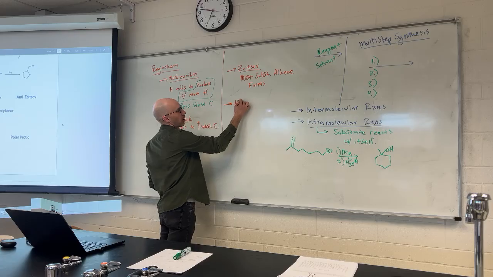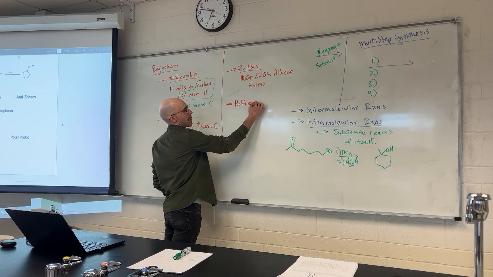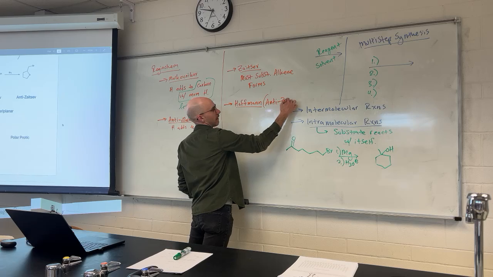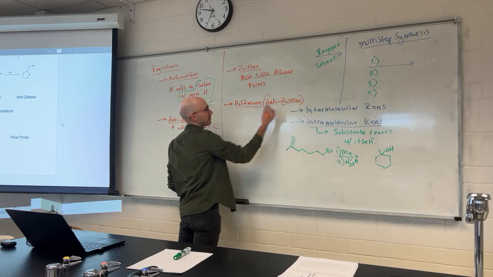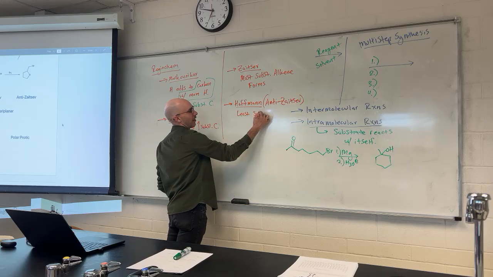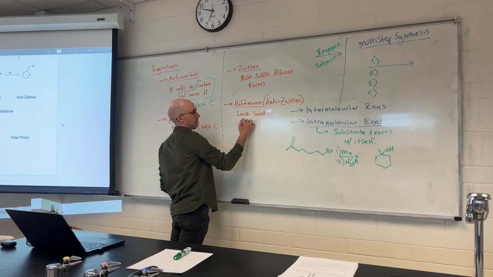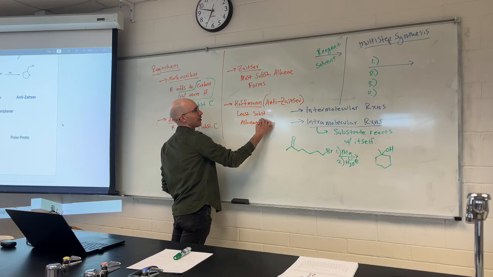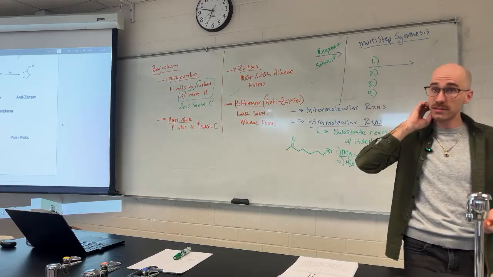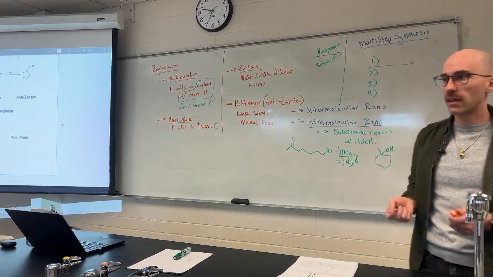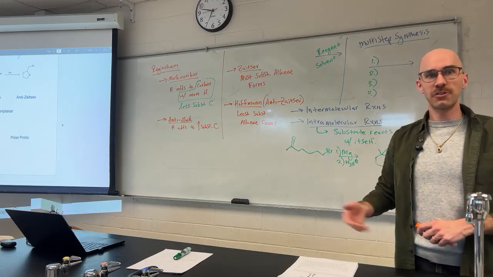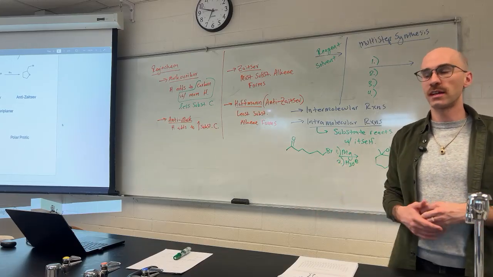Anti-Zaitsev is actually what we call Hoffman. And Hoffman's rule is that the least substituted alkene forms. So we will look at certain reagents that react with a compound to give a Zaitsev elimination and form a more substituted alkene.